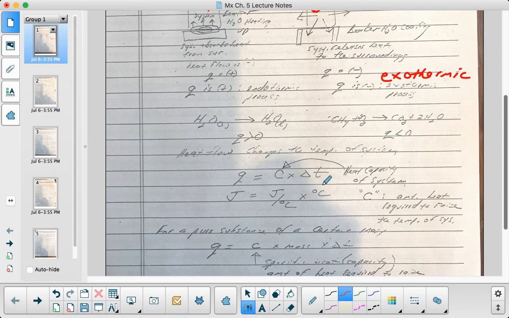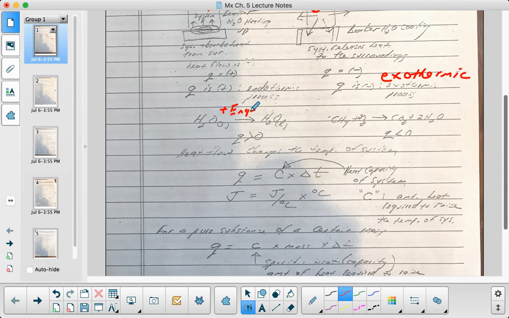Okay, so just a couple other examples. If you take ice, H2O solid, and you add energy to it, it would turn into a liquid. So if you heat it up, it's going to turn into a liquid.